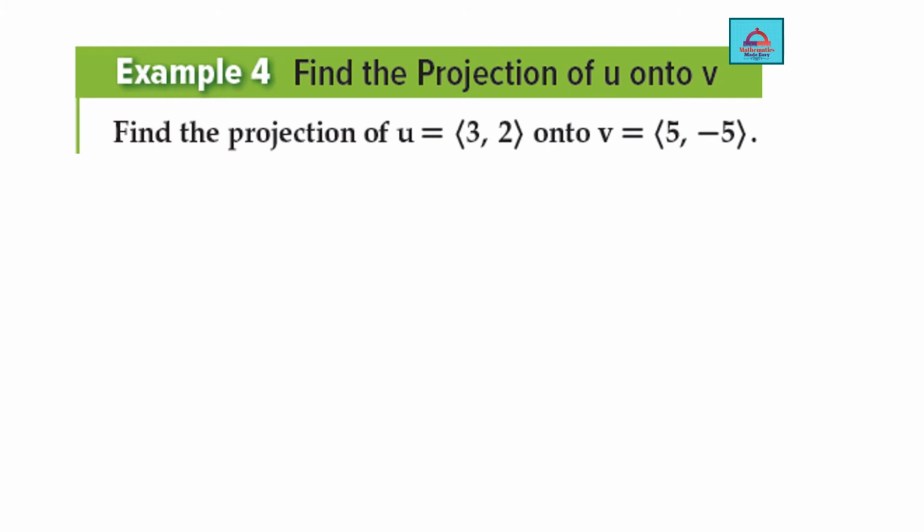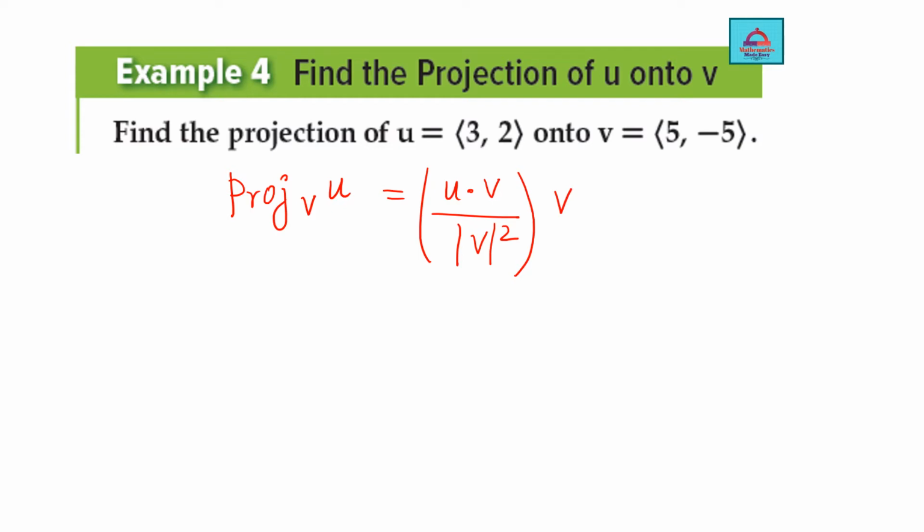Let me just do a simple problem to explain you how the formula works. So the formula is projection of u onto v, that's how you write, which is equal to u dot v in the numerator divided by magnitude square of vector v and whole thing multiplied with vector v. Okay, so v is given the vector. Let's find its magnitude.